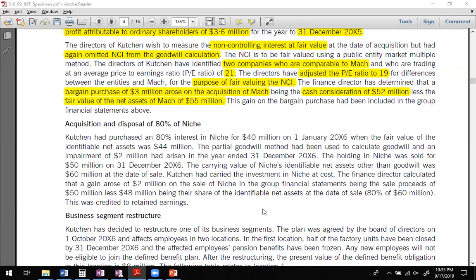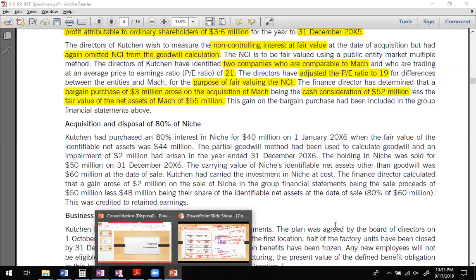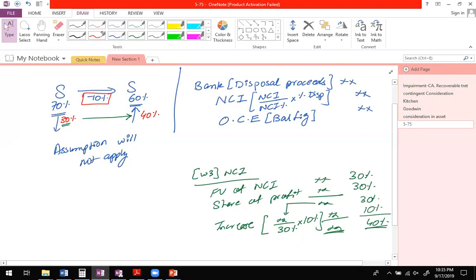Mudassir is asking why we credit to OCE and not P&L. Mudassir, the simple reason behind this is that this is a transaction recorded in the NCI, and NCI is a part of equity.